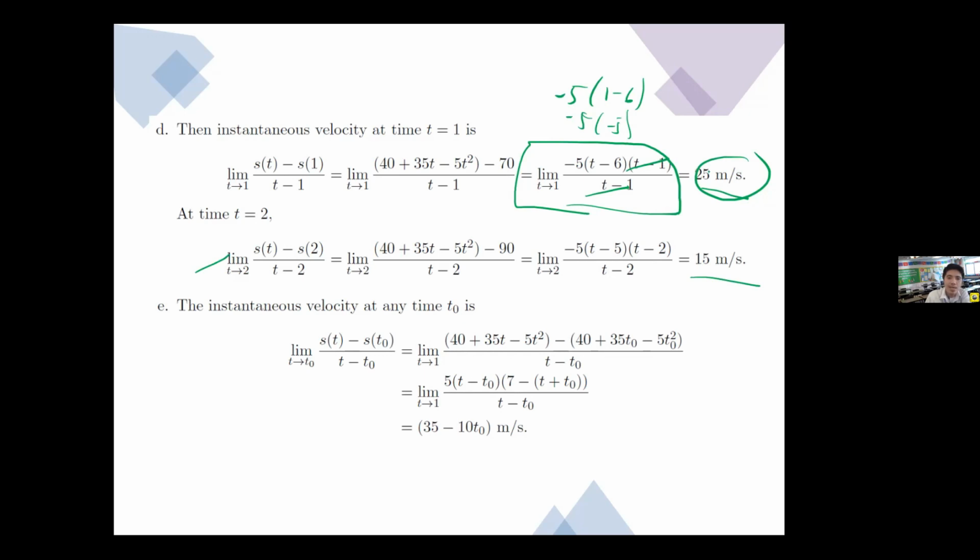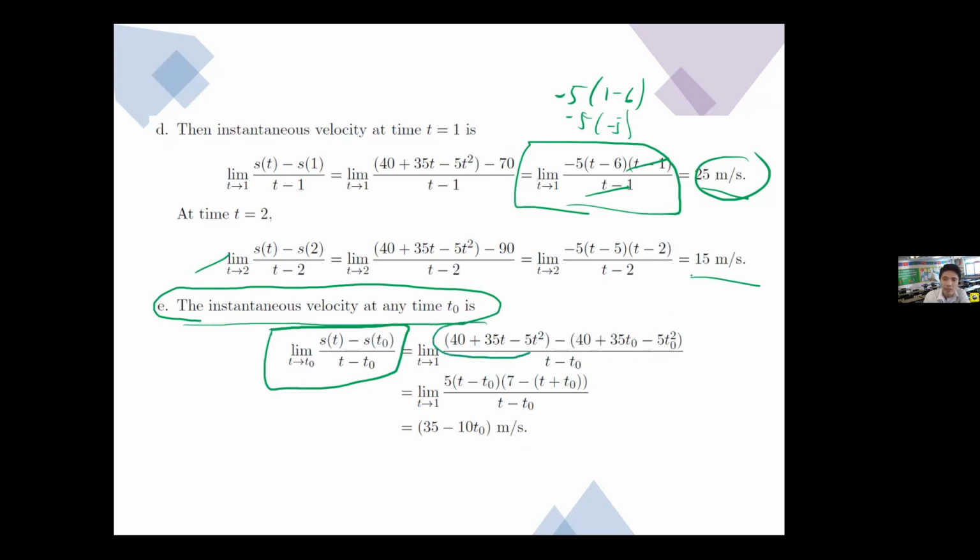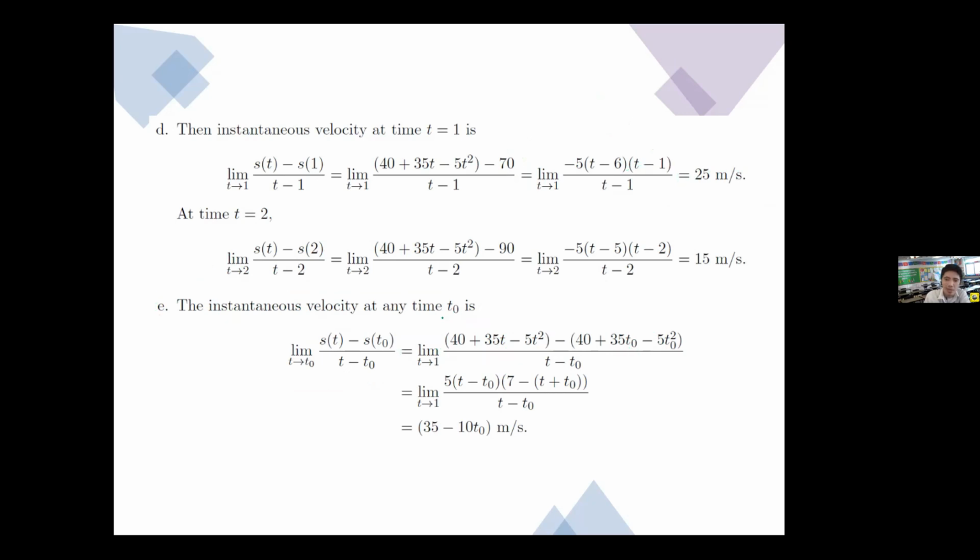Then last is find the instantaneous velocity at any time t. Kani wala na tay gihatag na value, t sub 0 lang siya. So same formula kanang gihapon. Pero wala tay value. Ang naa lang nato is katong s of t nato kani na given man eh, og s of t sub 0, meaning pulihan lang nato ang mga t og t sub 0. Tapos i-solve na lang nimo ni, i-simplify nimo ni siya.